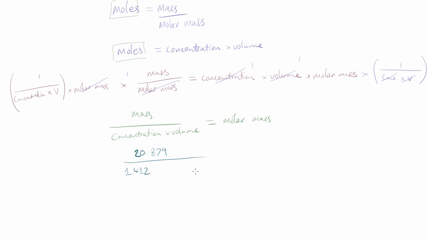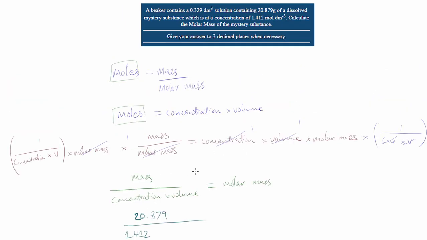Now, before I add the multiplication symbol, because we're now coming to actually working out what this is, I'm going to integrate the units into my working out. It would help with error checking in some scenarios. So here we've got grams. 1.412, we've got moles per dm³.